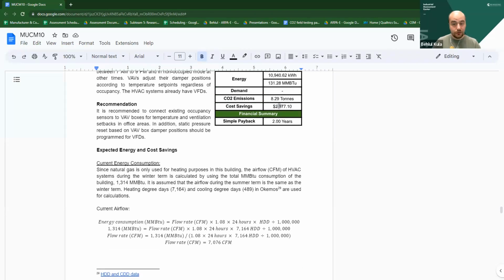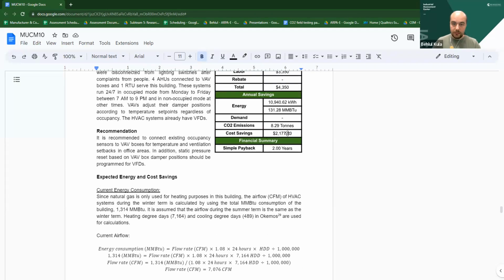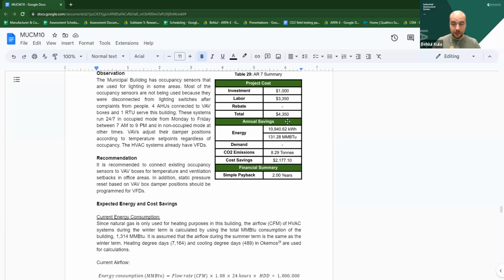It will be around $2,000, and the implementation cost is around $4,500. It's because of the connections. You need to connect the sensors to the HVAC system, and we also need some labor cost for that.